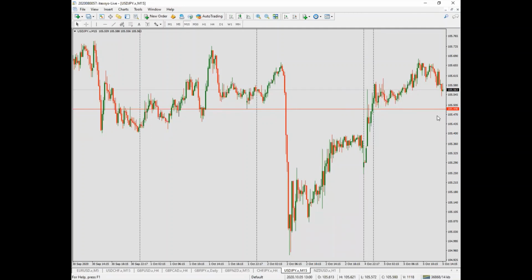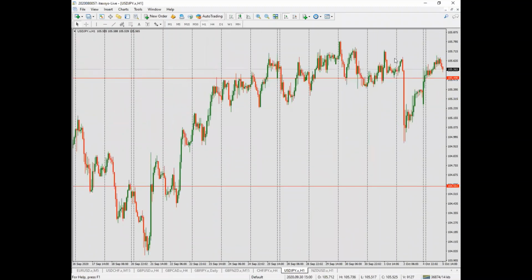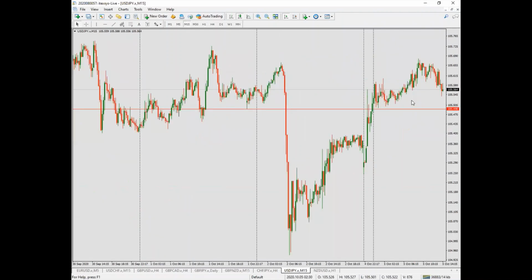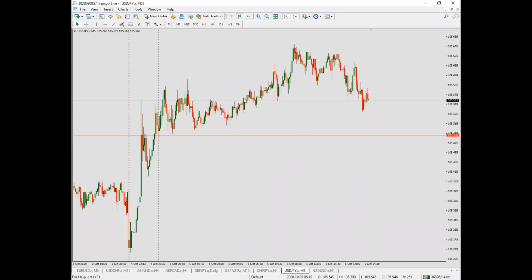So this is what I'm looking for. The situation here is a bit similar to what we saw before. The price is at a level where it's too risky to buy and too risky to sell. But if the price will break out of this level, which is not far, then we can look for a sell position.